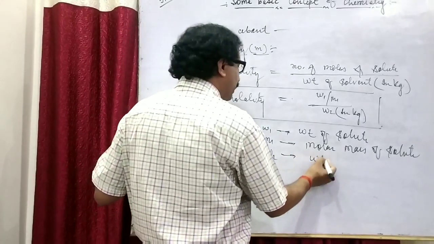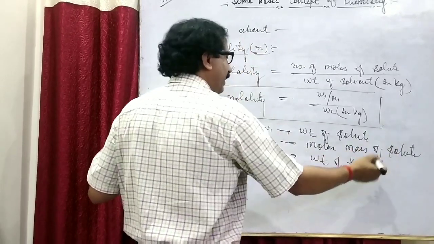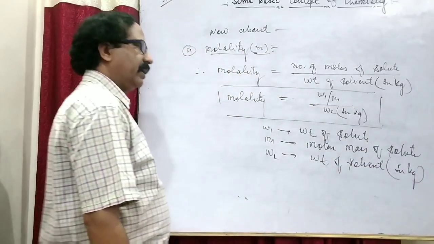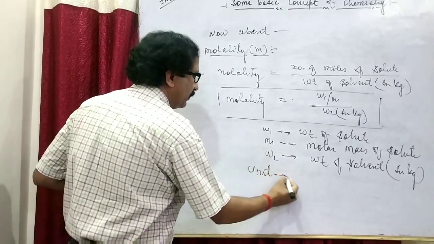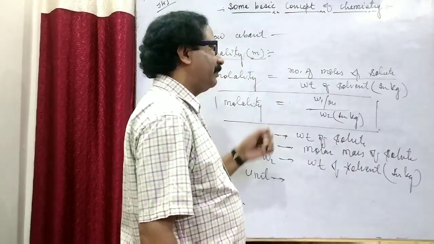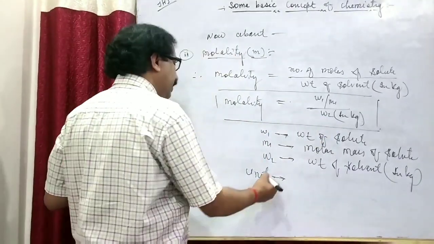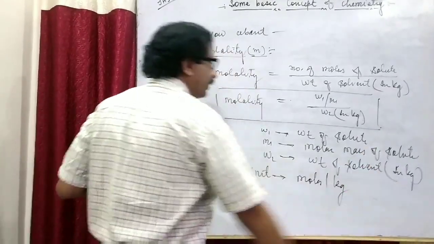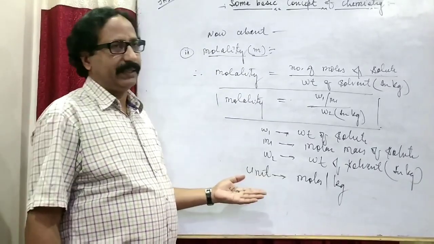W2 is considered to be the weight of solvent, particularly in kg. This one is the number of moles of solute, and this one is the weight of solvent in kg. Its unit must be moles per kg. Its unit is moles per kg.